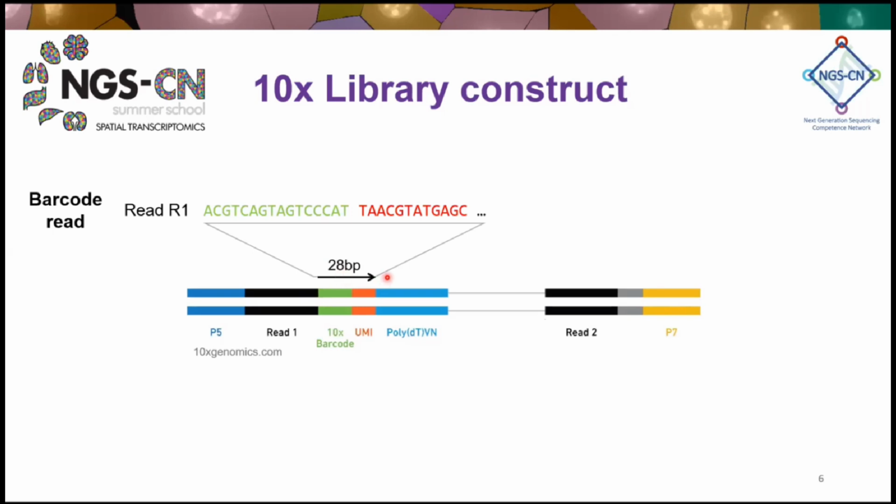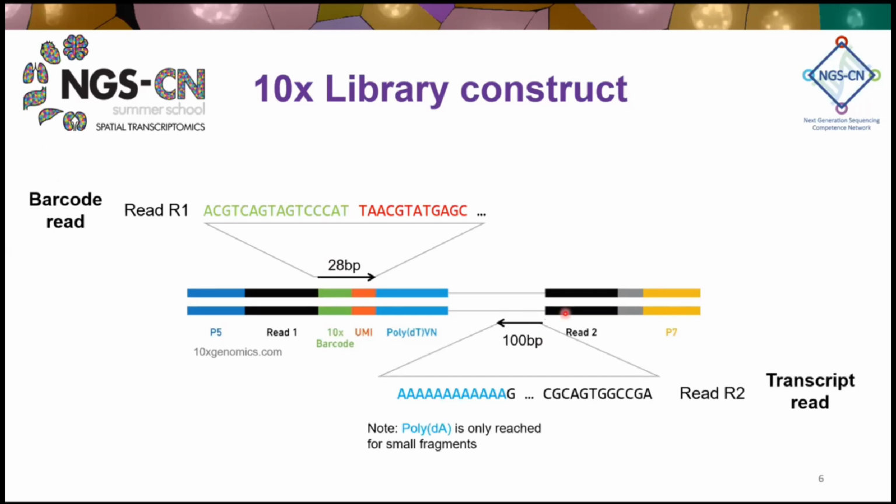And most of the time, you cannot use this information after position 29 for anything. So sometimes facilities only sequence the first 28 base pairs. Since it contains the barcode information for your single cells, it's often called the barcode read.